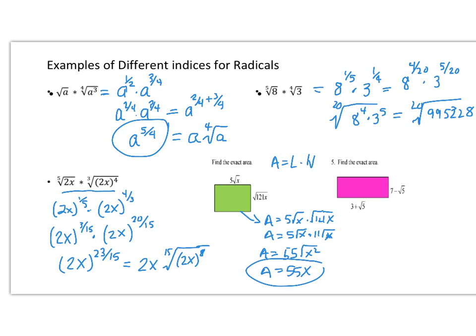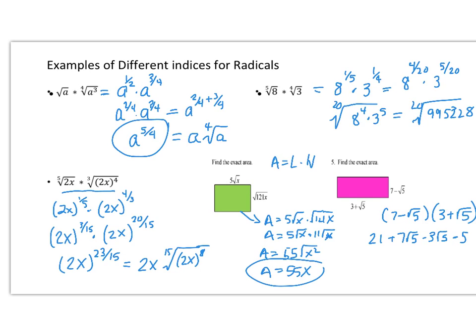This one's a little bit more complicated, but again, the area is 7 minus square root of 5 times 3 plus the square root of 5. So we get 21 when we multiply that times that. We get plus 7 square root of 5 minus 3 square root of 5, and then a square root of 5 times square root of 5 with the minus sign is going to be a minus 5.